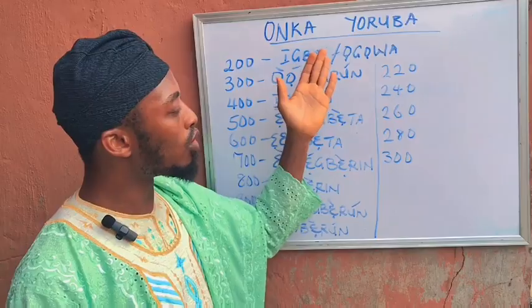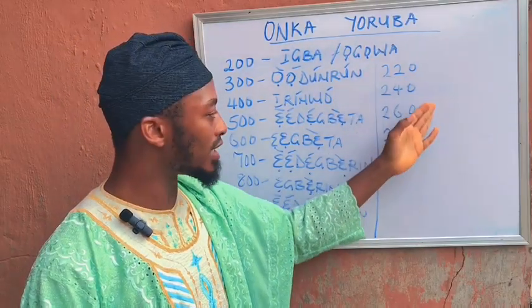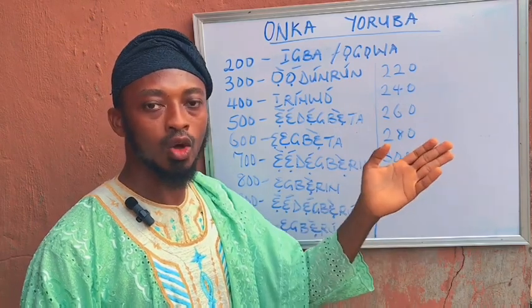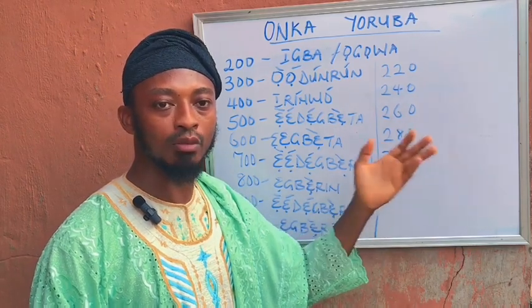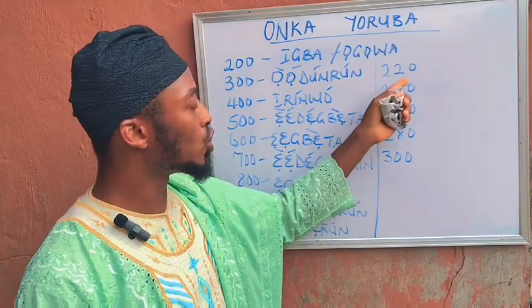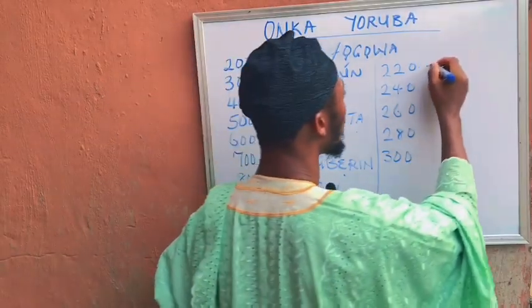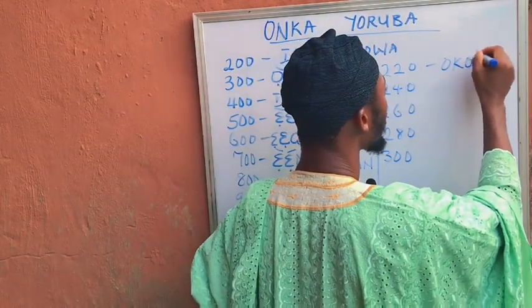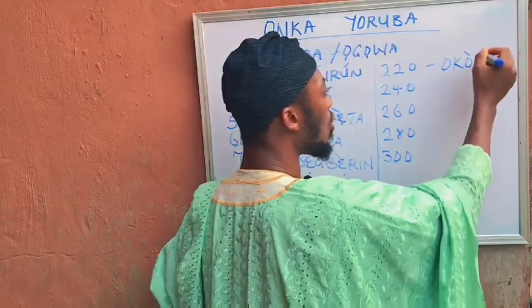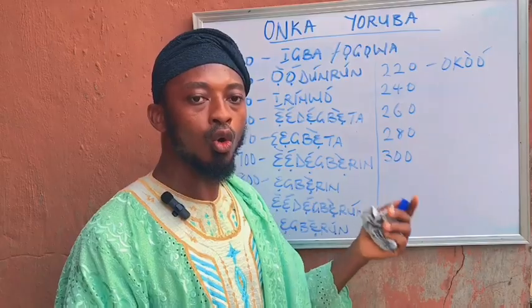But now, when we get to 200, these numbers change from their original forms. For example, 20 from here will now become Oko. Now, it's no more Ogun. Oko. That's 220 will be Oko lenigba.